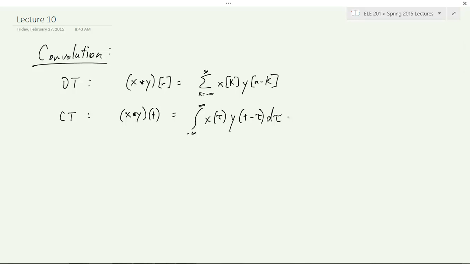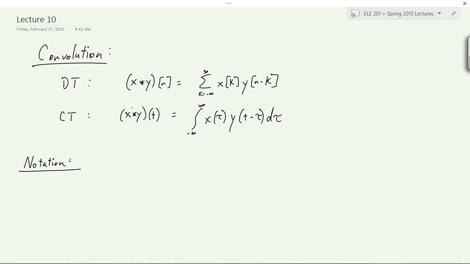Now notice that I've changed notation on you. Did someone notice that? This isn't exactly how I expressed convolution in the previous lecture.